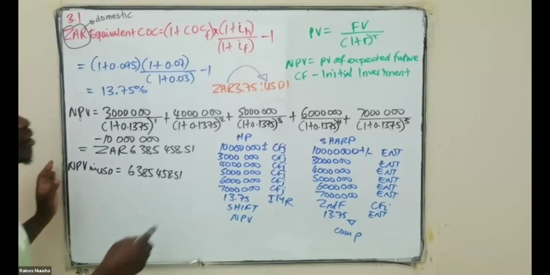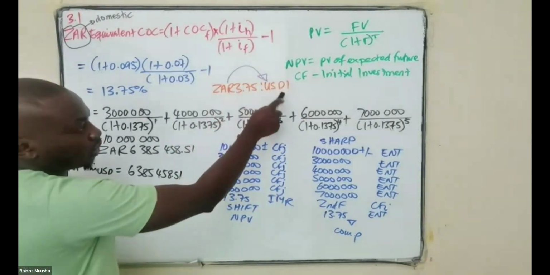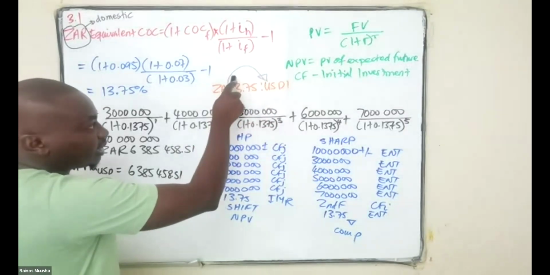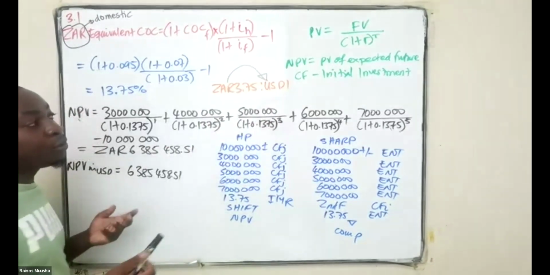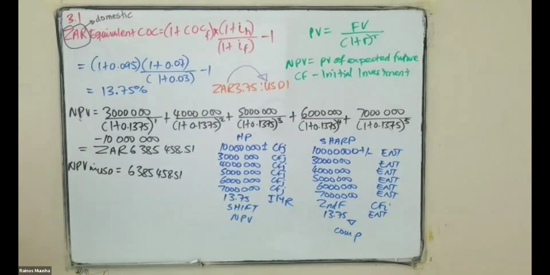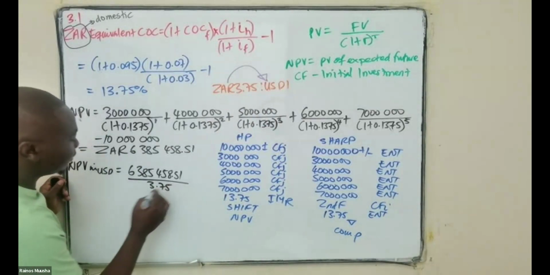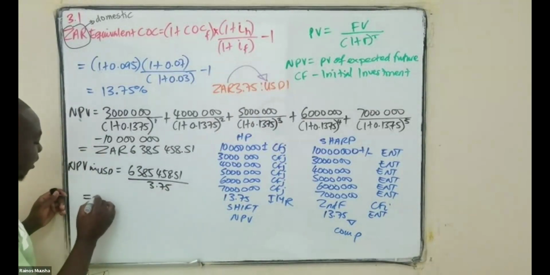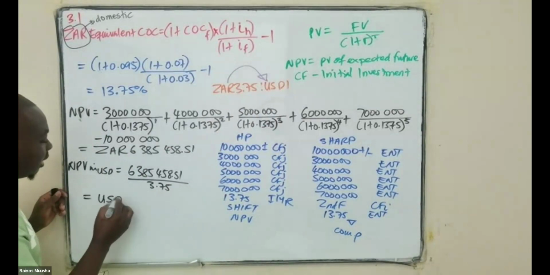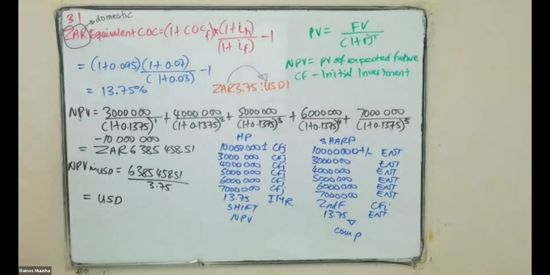Because remember, we are moving from the weaker currency going to the stronger currency, so you end up with less units. So we have to divide by the exchange rate of 3.75. So how much would be the net present value in US dollars?